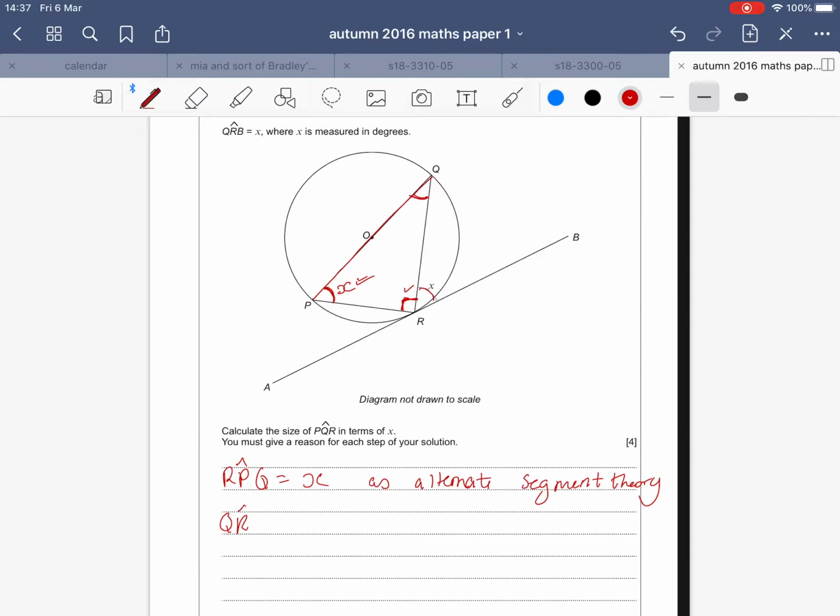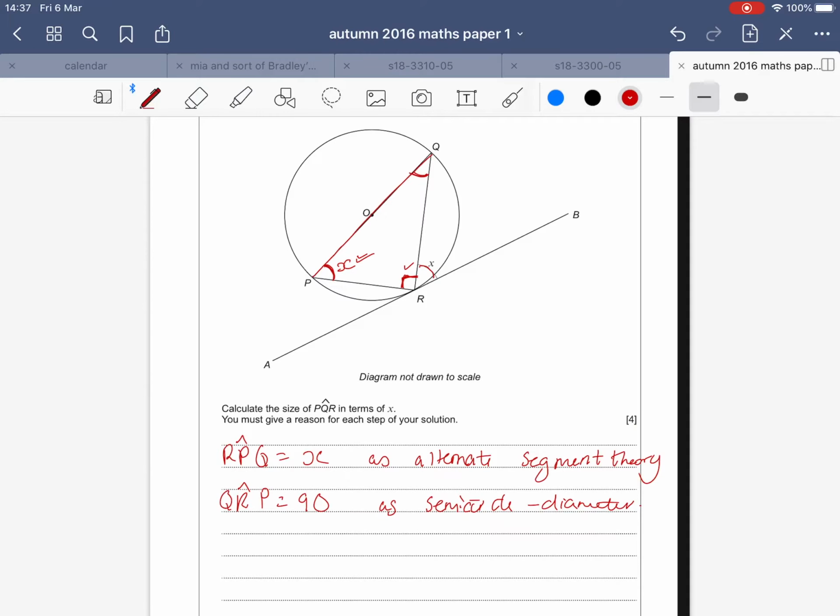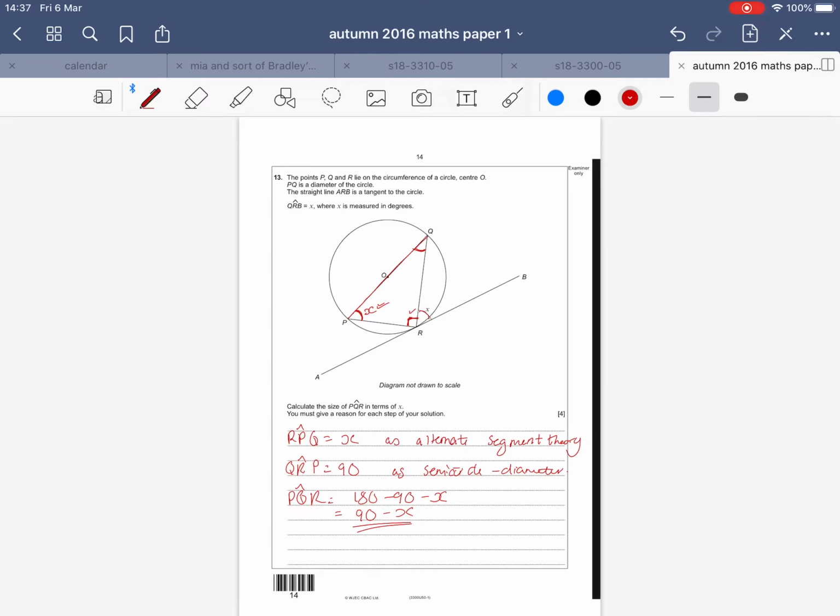Also QRP is 90 as it's a semicircle, and we've got the diameter obviously. Therefore PQR would be 180, take away 90, take away x, which can abbreviate to 90 take away x. So there's actually not much working out, it's just you need to know your circle theorems.